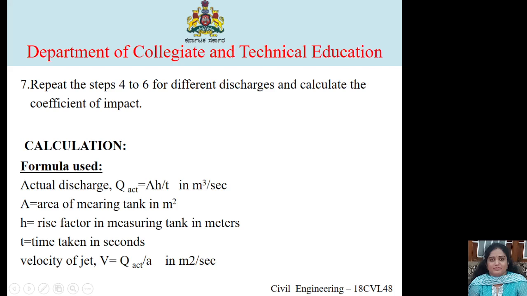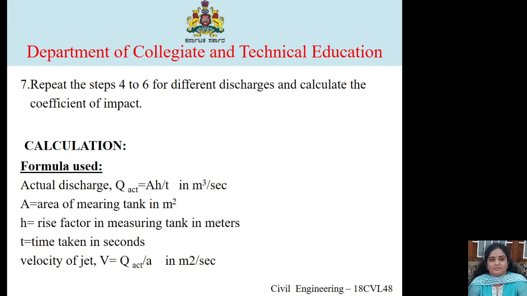Next we'll move on to the calculation part. These are the formulas we use to calculate the actual discharge. Q actual is A H by T, where A is the area of the measuring tank in meter square, H is the rise in the measuring tank in meters, that is 10 centimeters, and T is the time taken in seconds.